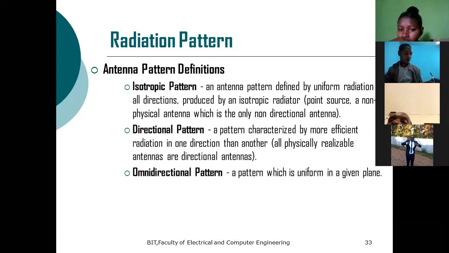This isotropic antenna basically does not exist in the real world, but for theoretical analysis, we use an isotropic antenna as a reference to model our radiating element, to characterize, or it can be used as a benchmark.